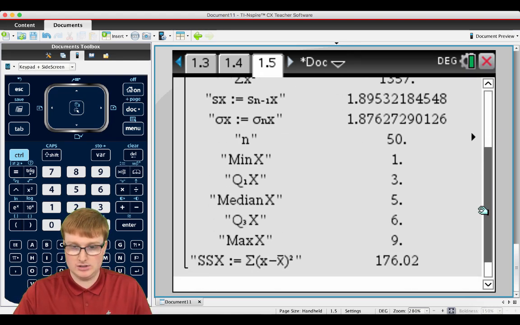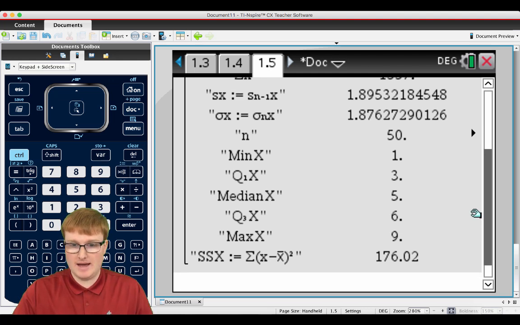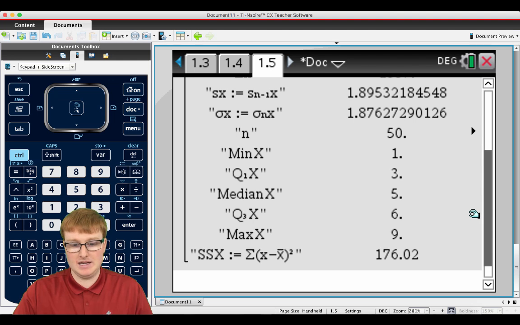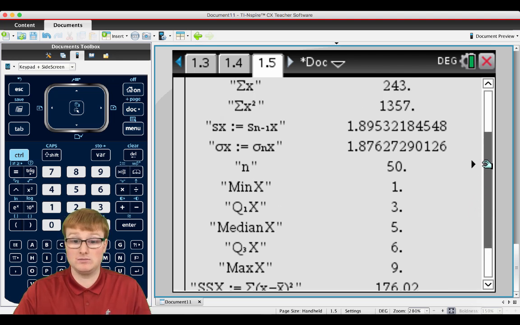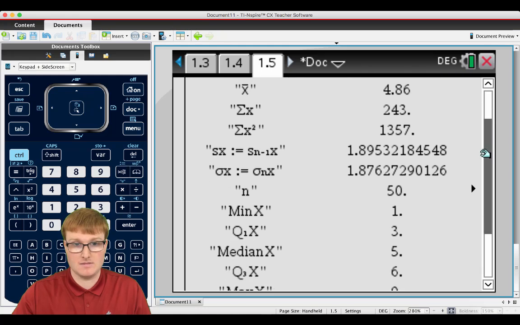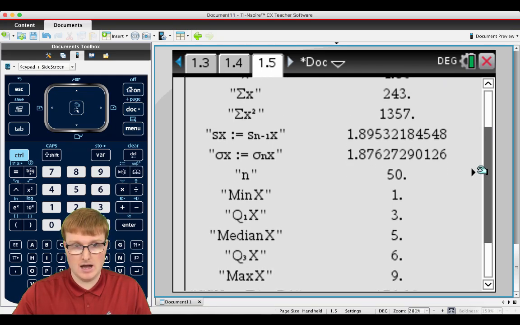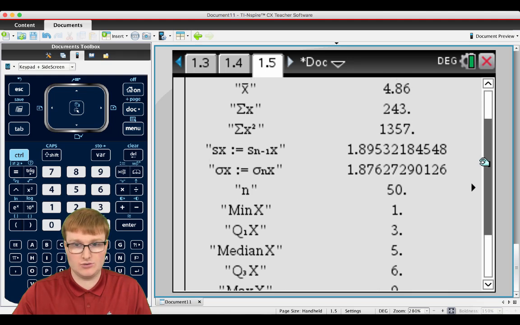Sweet. So, okay. Your minimum is 1, your maximum is 9, and your median is 5. Cool. So I'm going to go ahead and copy this information, and I am going to put it on my screen page there.